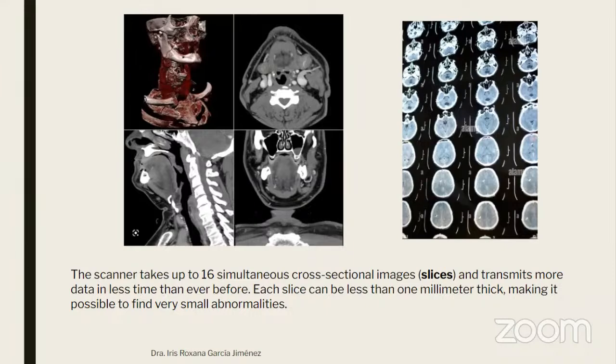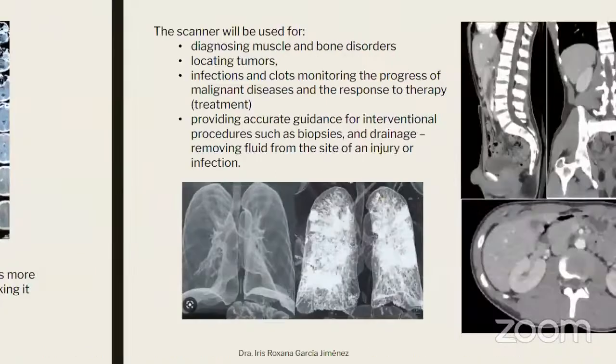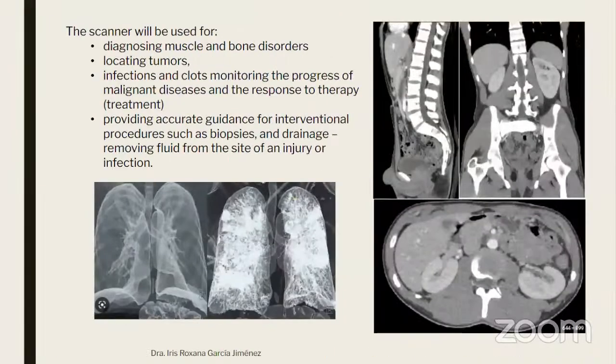Nowadays, it's possible to send all of these studies to the specialist, by WhatsApp, for example. Each slice can be less than 1 millimeter thick. You know, very, very detailed, according to the generation of the CT scan.